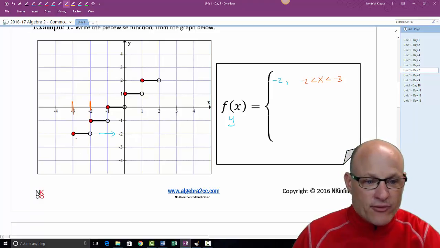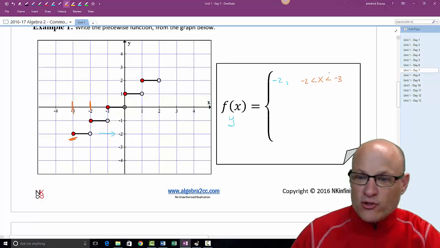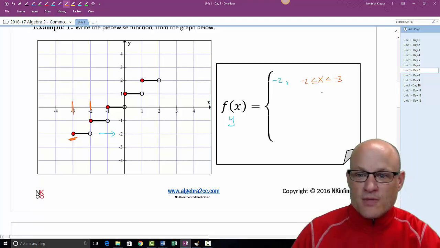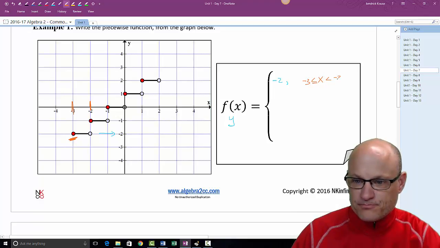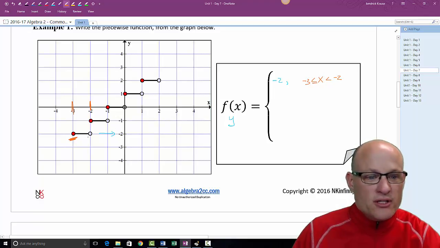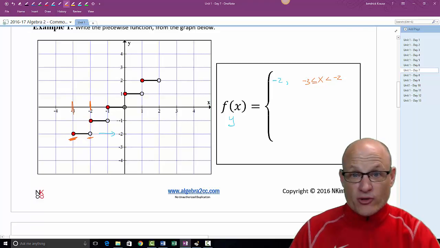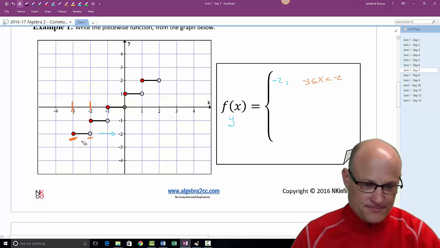Over here at the -3, I have a solid circle, so I'll put an equal to. But on the -2, did I just put those backwards? On the -3 over here, always a small one on the left and the big one on the right. Over on the -2 though, open circle, so we don't put that there.